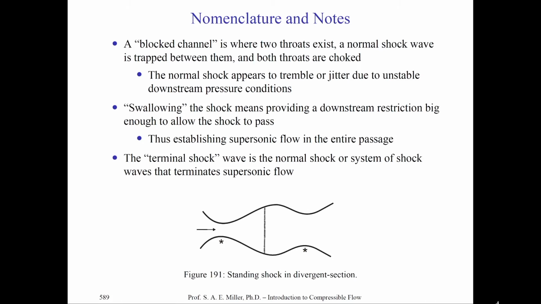The normal shock will be very unhappy and tremble or jitter, unstably, because the downstream pressure condition is generally not matched. So a blocked channel is where a supersonic flow exists and a shock wave is trapped between two critical areas.